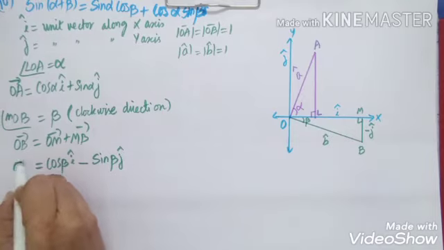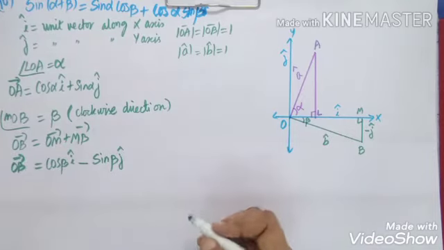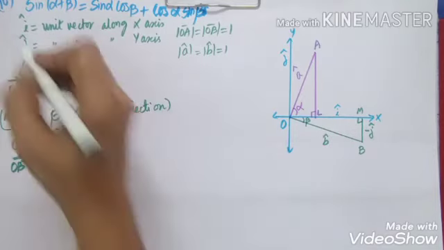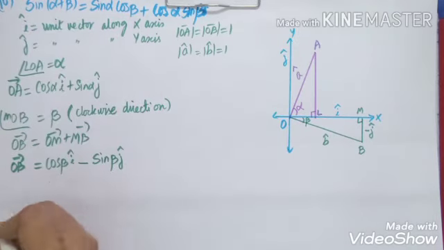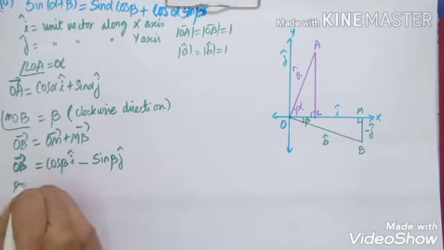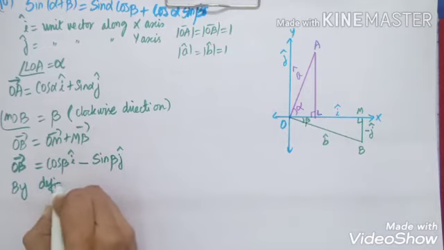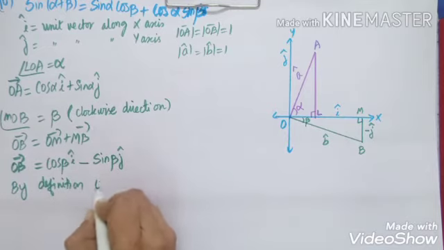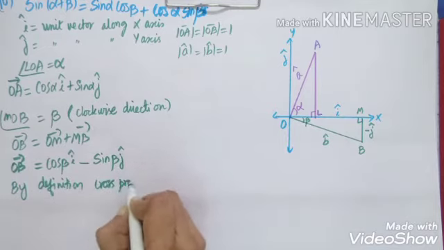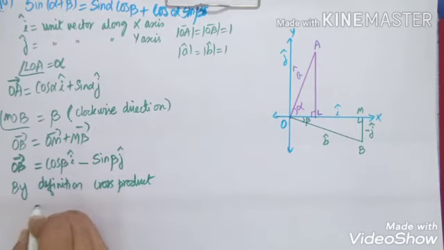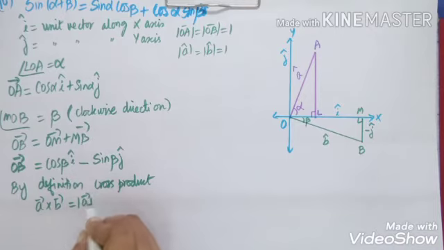Now that we know OA and OB, we can find out. The question is sin, which means cross product. So first I find by the definition of cross product. What is the definition? A cross B equals mod A mod B sin theta n cap.